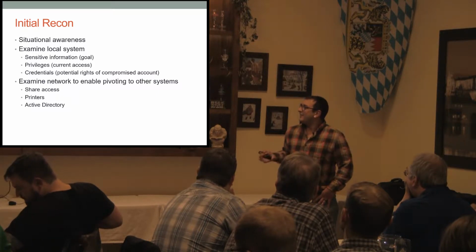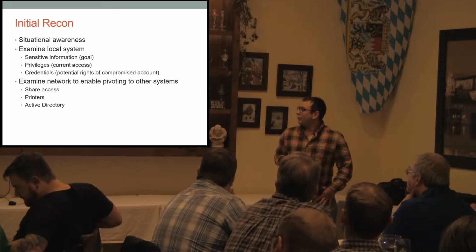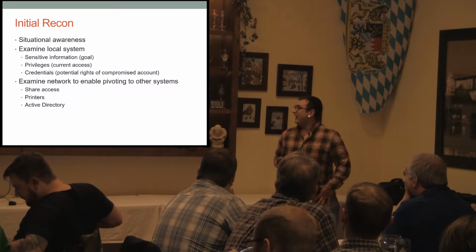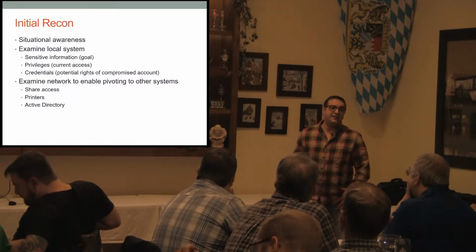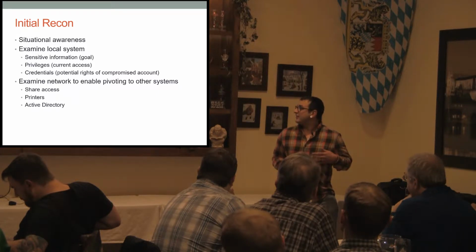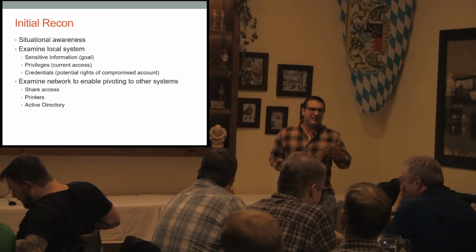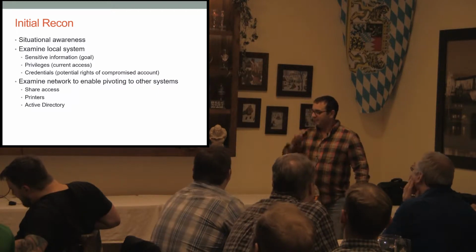Let's see what privileges we have on this box and what level of access our credentials have. And then if they can't get the information they need on that box, they start to look to the network, to network shares, printers, Active Directory and other types of services. So we'll talk about all those things as we move through this.